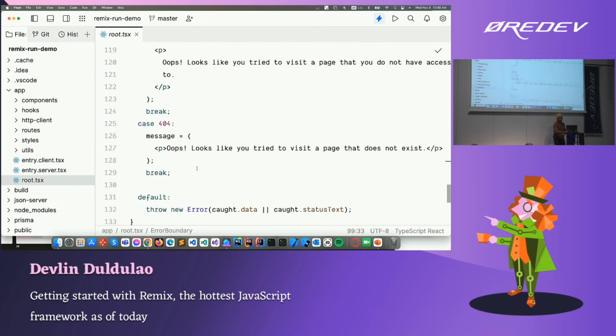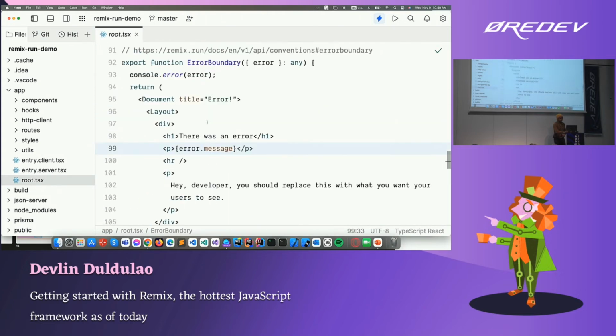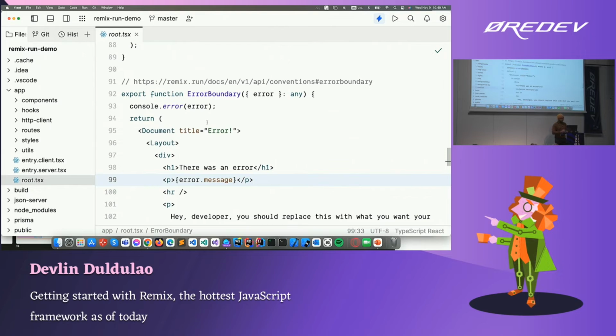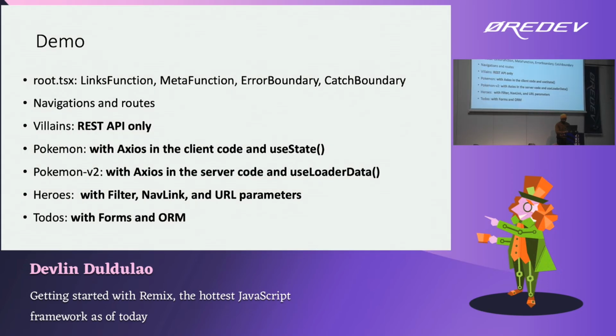So yeah, that's the difference between catch boundary in Remix and error boundary. So next would be navigation and routes. So I think I have to show you.